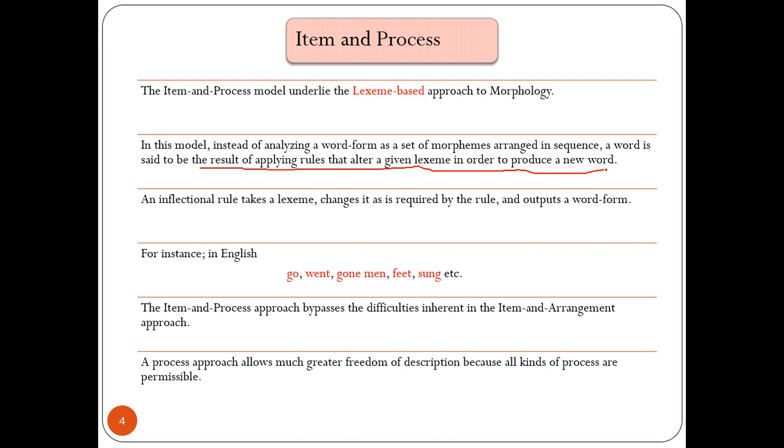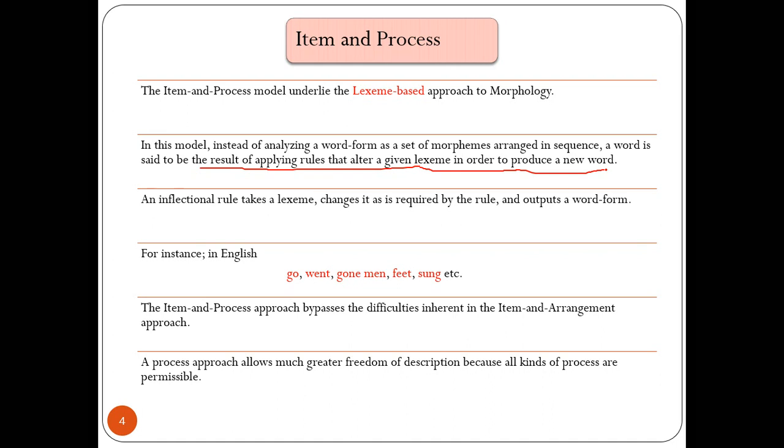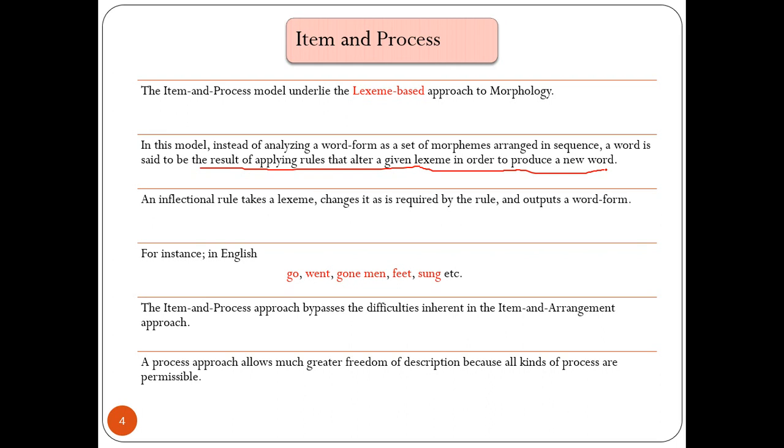So an inflectional rule takes a lexeme, changes it as required by the rule, and outputs a word form. For instance, go, went, gone, men, feet, and sung. These are examples of irregular forms that cannot be explained in the IA model, the item and arrangement model. These could best be explained in this model.